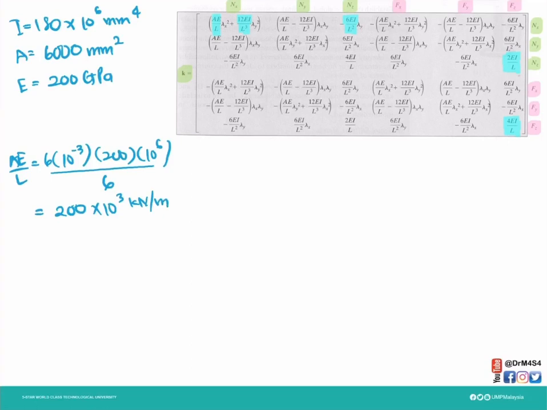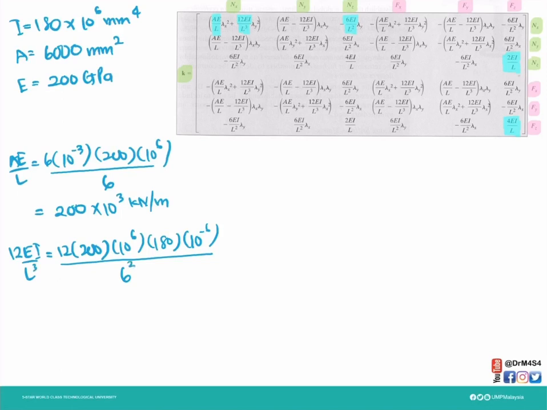Next we're going to find 12 EI divided by L, sorry, L power of 3. 2 kilonewton per meter.